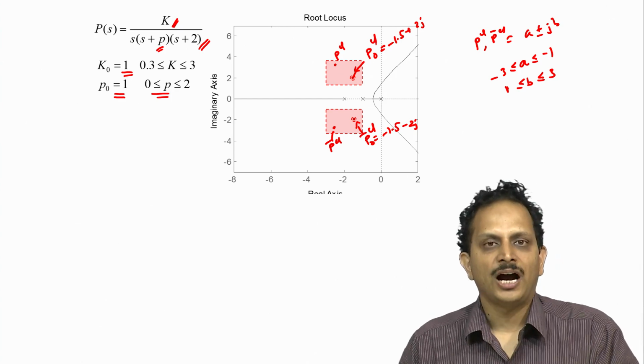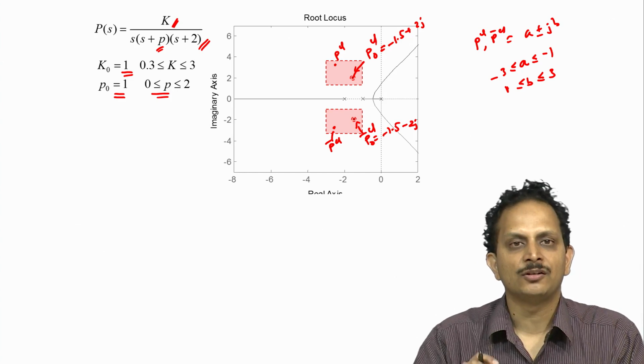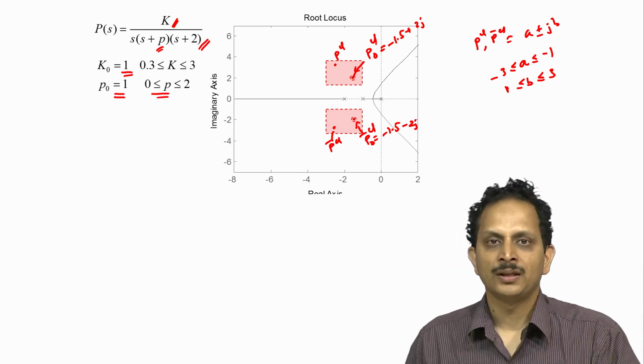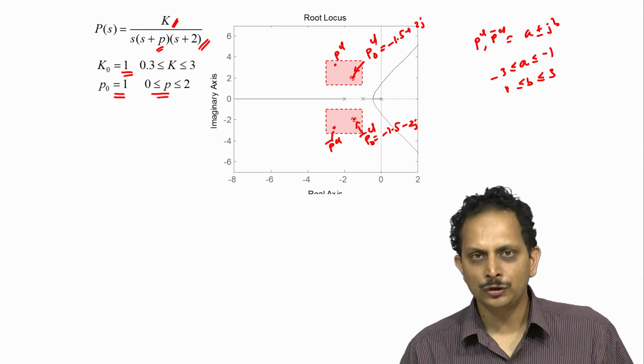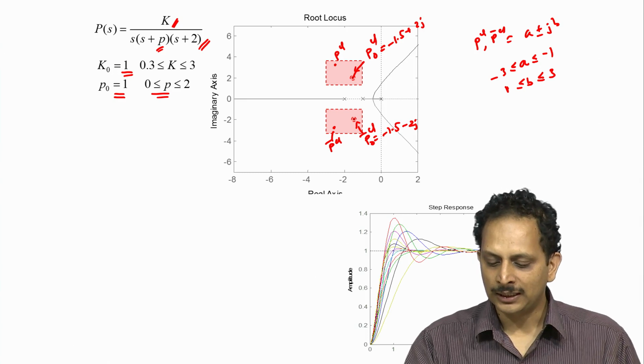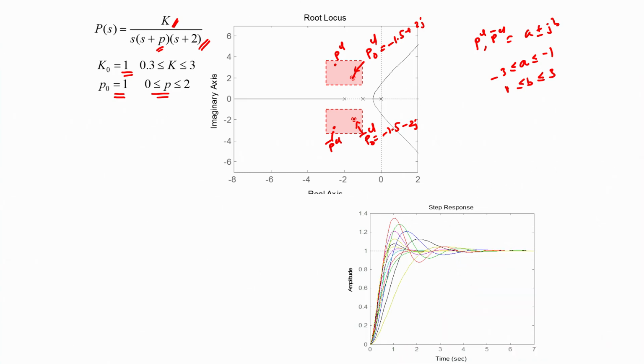Now if our dominant dynamics were allowed to vary within this fairly large rectangle, then what we essentially imply is that the closed loop step response could assume any of the trends that have been shown in the graph on the right. So it could have a range of overshoots and a range of rise times and settling times.